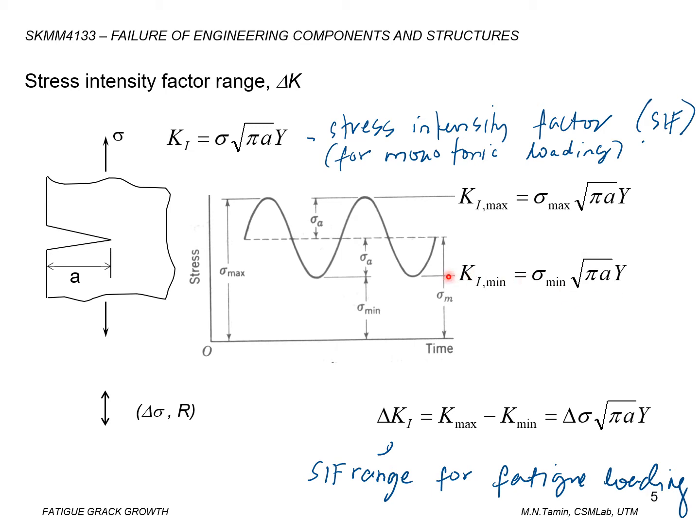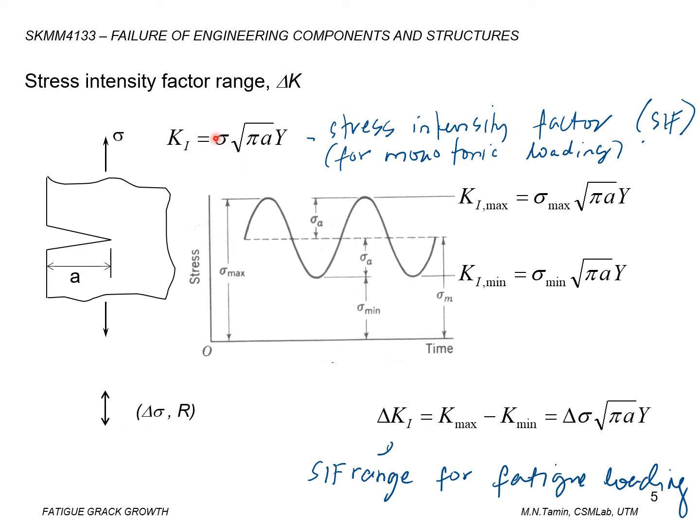If we now consider the maximum K1 minus the minimum K1, we would have delta K1. Delta means the range of K. Therefore, we have sigma maximum minus sigma minimum, which gives us delta sigma, multiplied by the square root of pi a and also the geometry factor.